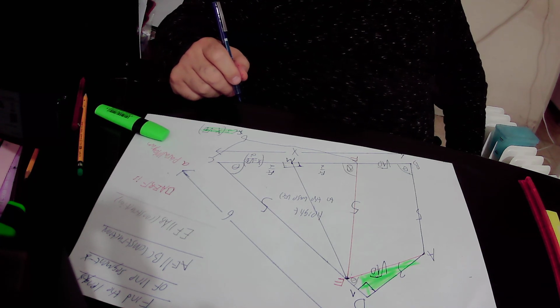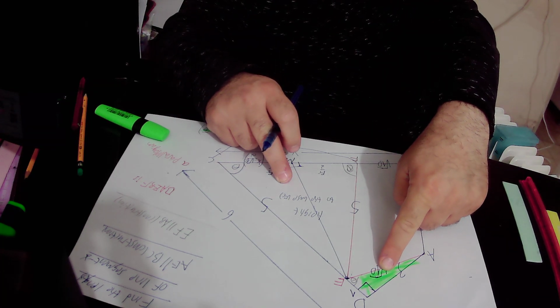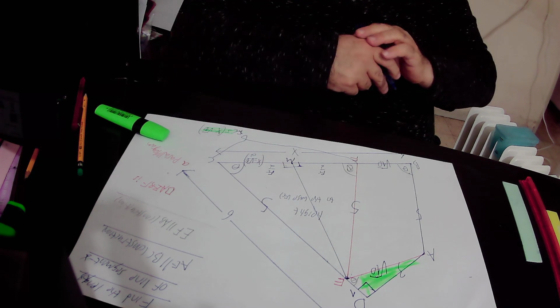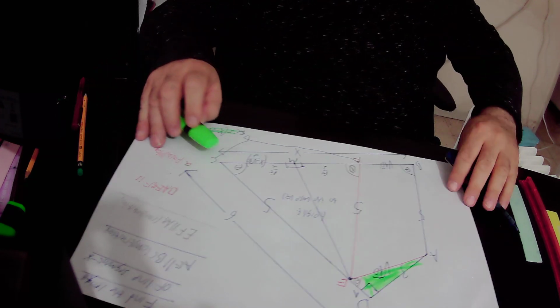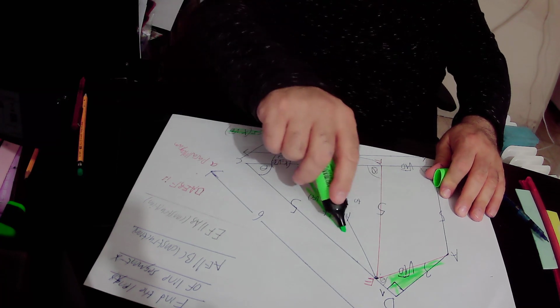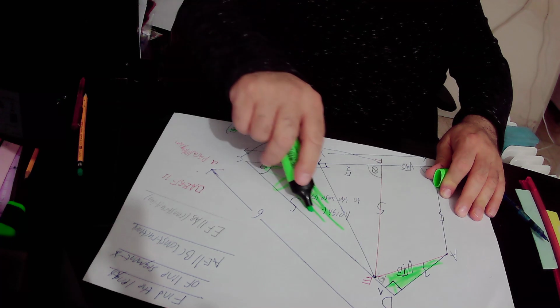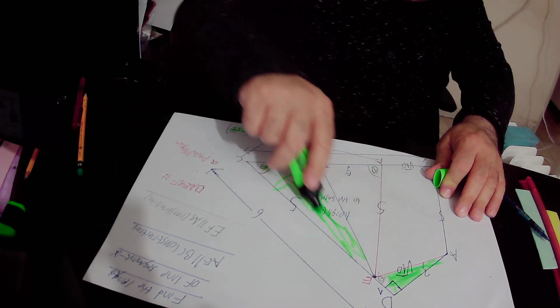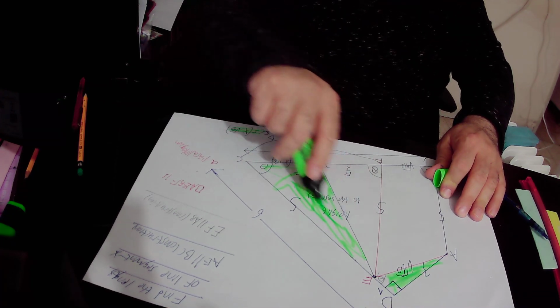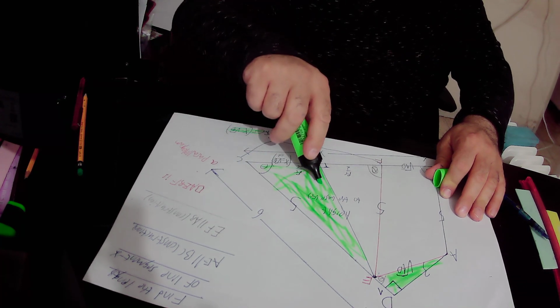In the next step, we will prove that those two right triangles are similar to each other. So we will prove that the right big triangle EMC is similar to the right small green triangle ADE.